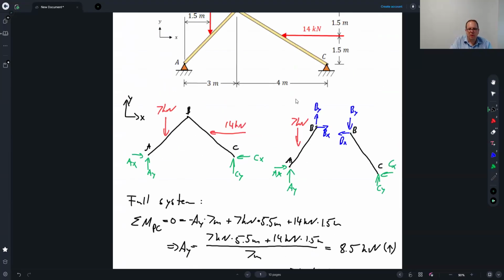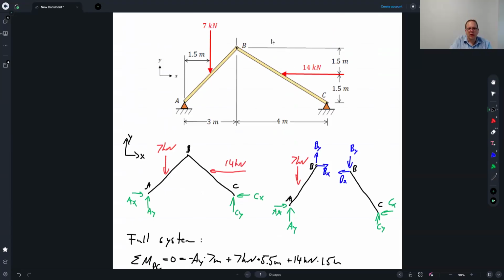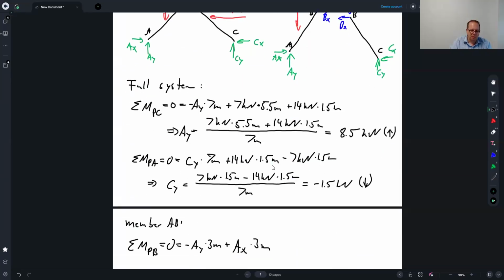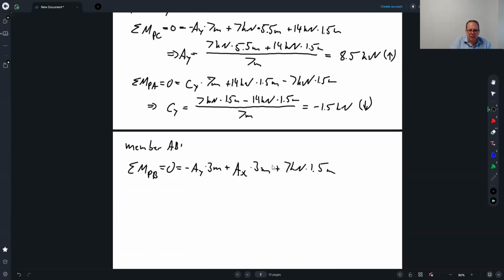Our 7 kilonewton is going clockwise, so plus 7 kilonewton times 1.5 meters. All right, we can solve that for AX, which is what we're looking for. So I have to flip signs. That would be AY times 3 meters minus 7 kilonewton times 1.5 meters, divided by 3 meters.